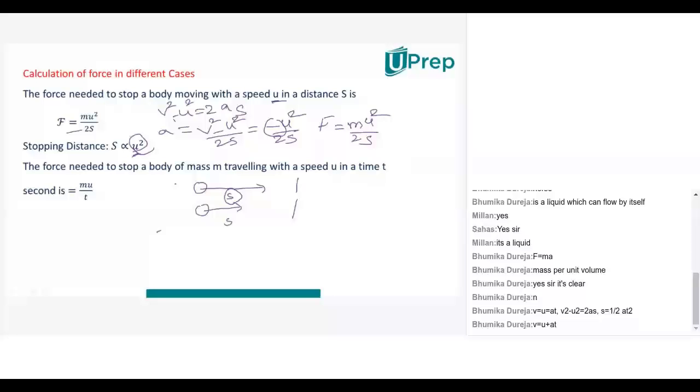The same force and the same mass must be there, but they must travel with different speeds. Only then do we use this particular point. What is that point? The stopping distance for the objects will be proportional to the square of the initial velocity. Is it clear?